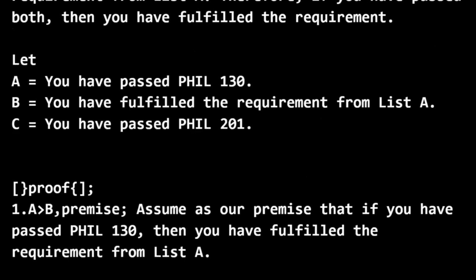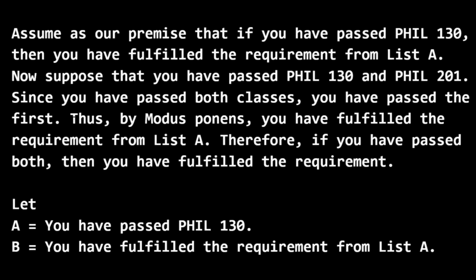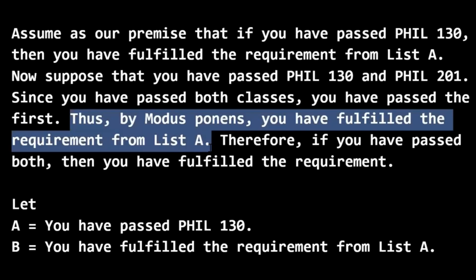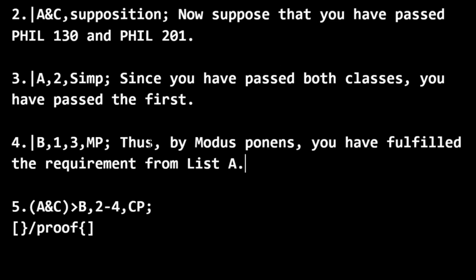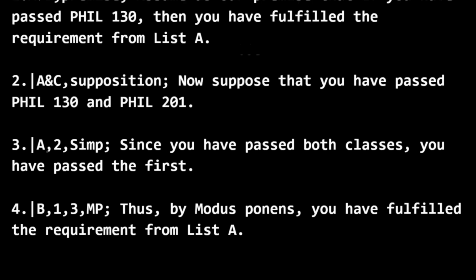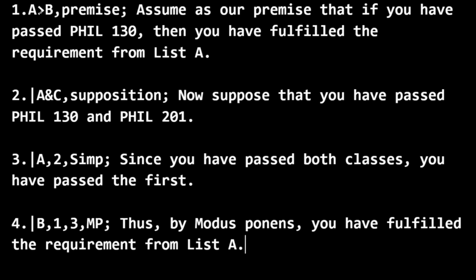And then we get this inference of modus ponens. Thus, by modus ponens, you have fulfilled the requirement from list A. Because we have this premise. If you do 130, then you've fulfilled the requirement. If you do both, then you've done the first. And since you've done the first, you have fulfilled the requirement.